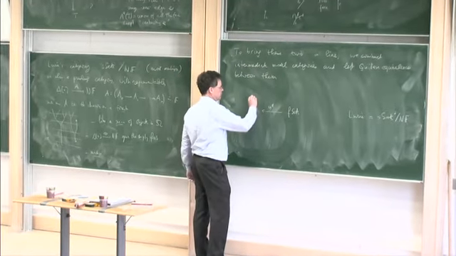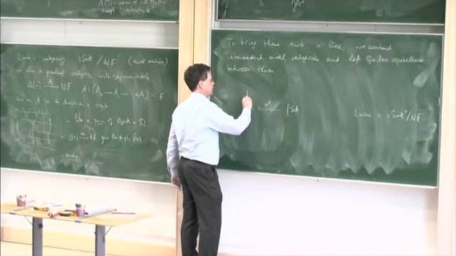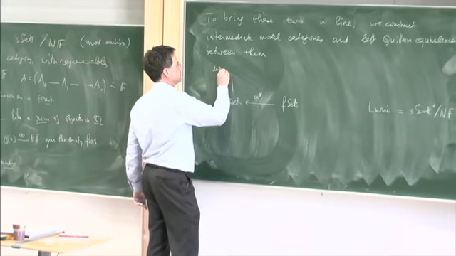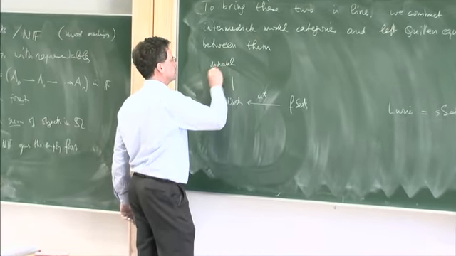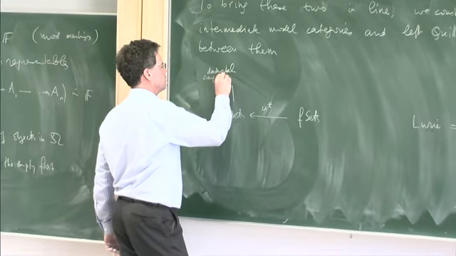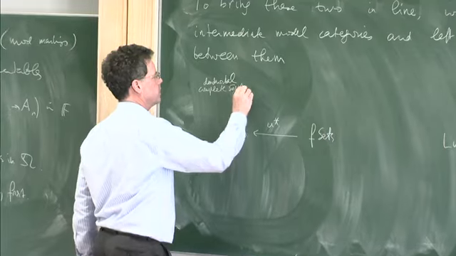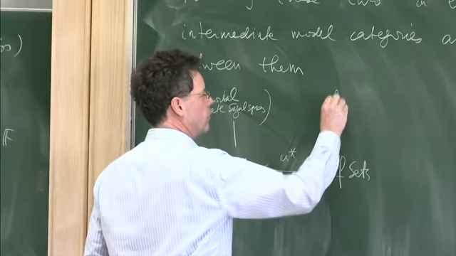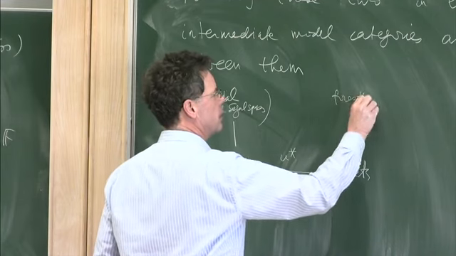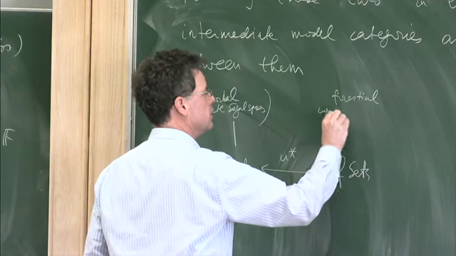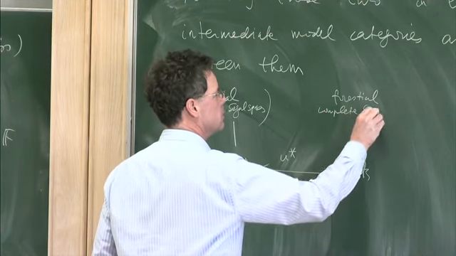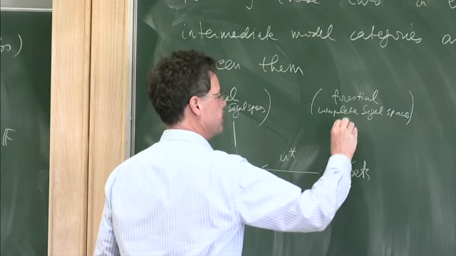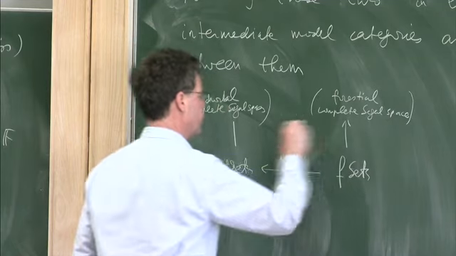And what we do is we go to dendroidal complete Segal spaces, and forestial, so to speak, complete Segal spaces, completely analogous. And there will be left Quillen equivalences here.